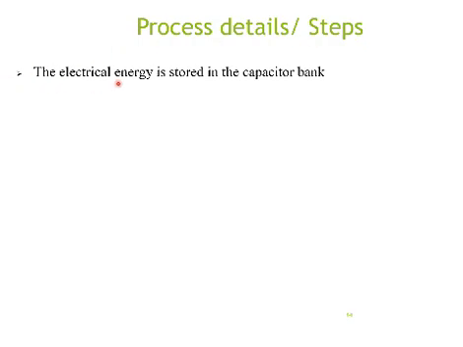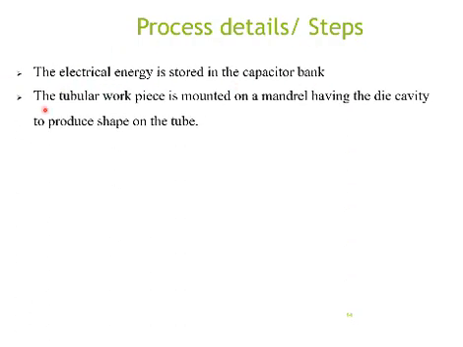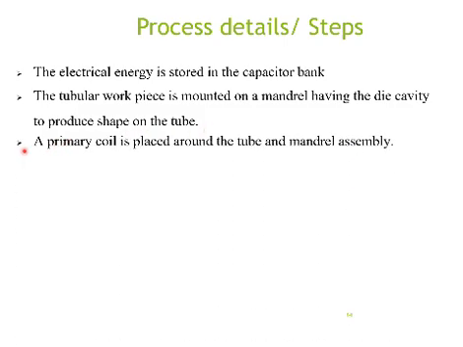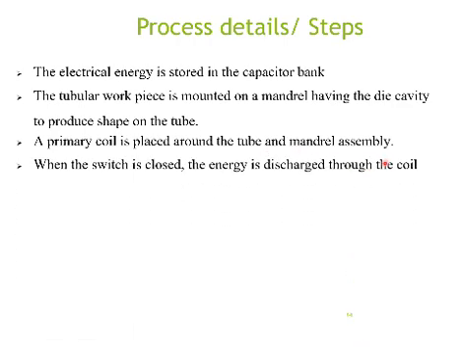Now we see the process details, the steps of the electromagnetic forming process. The electrical energy is stored in the capacitor bank. The tubular workpiece is mounted on the material having the die cavity that produces the shape of the tube. A primary coil is placed around the tube and the material assembly.